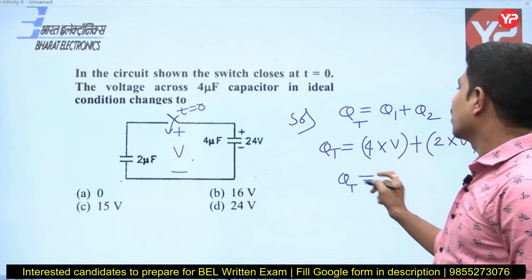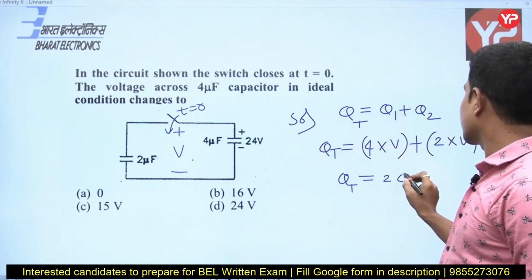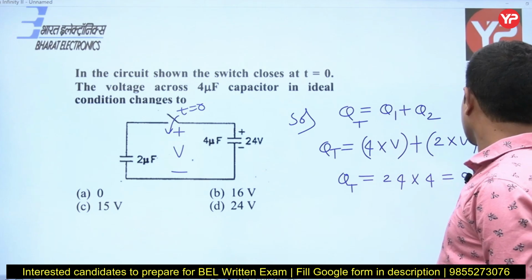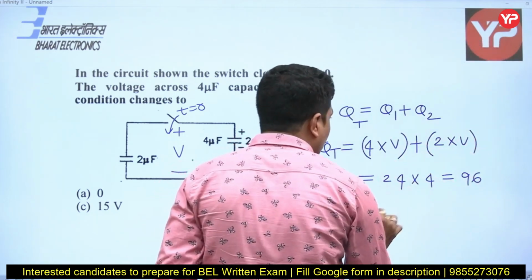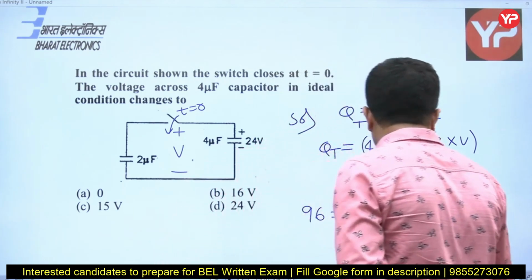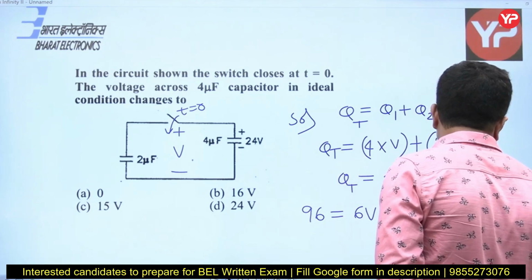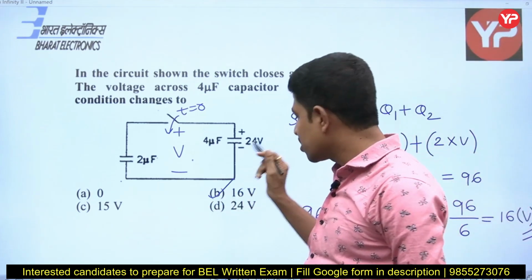The total charge that is there will be distributed. 24 into C, 24 into 4, how much is it? 96. Now 96 micro is equal to 4 plus 2, 6V. So V is equal to 96 by 6. Yes, it is 16 volts across both the capacitors in the steady state.